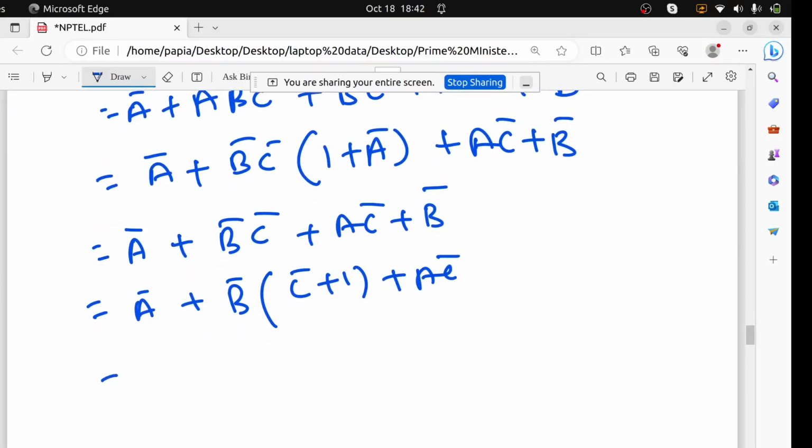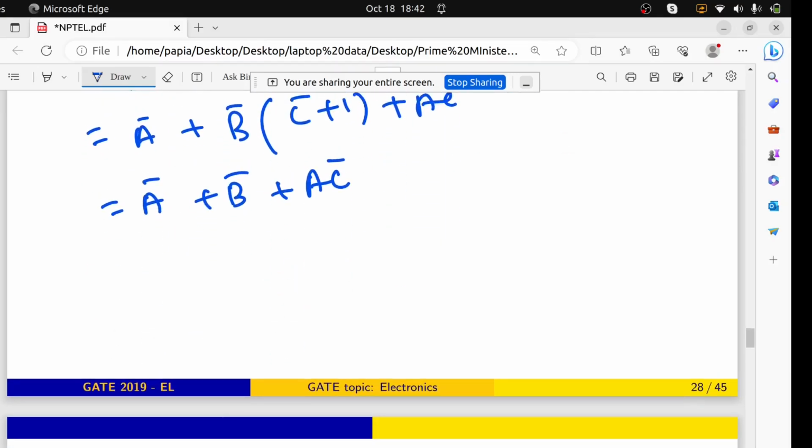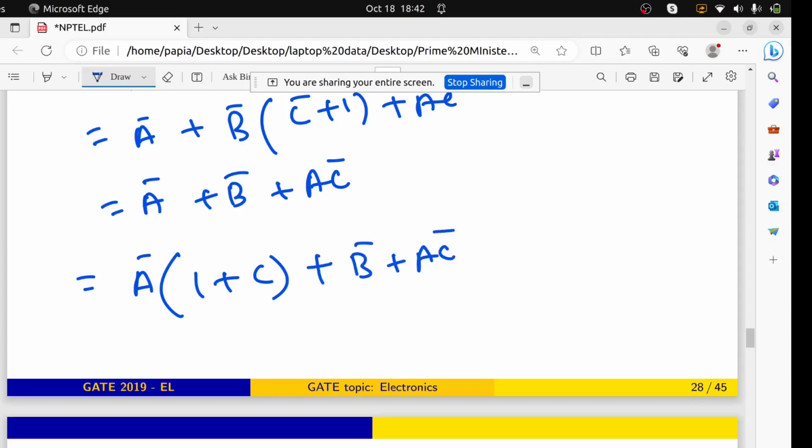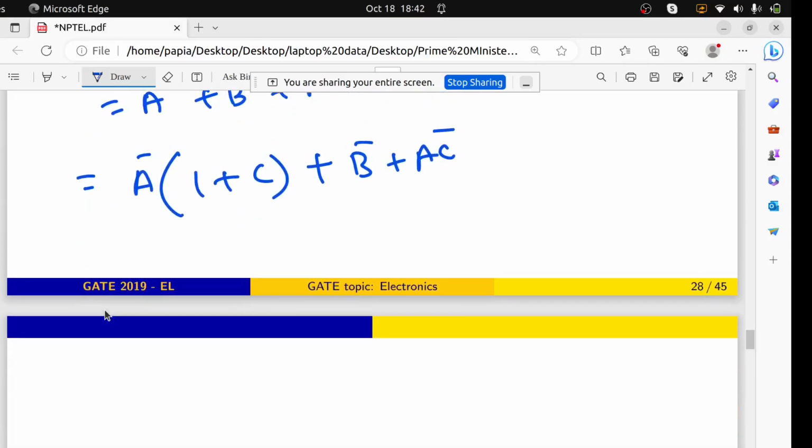Then A bar plus B bar plus A C bar. Now again I can do something here. A bar, let's say 1 plus C, I am just multiplying, plus B bar plus A C bar. Then the answer will be A bar plus A bar C plus B bar plus A C bar.